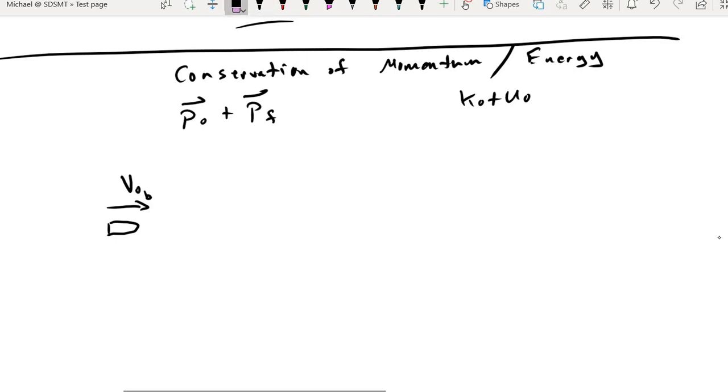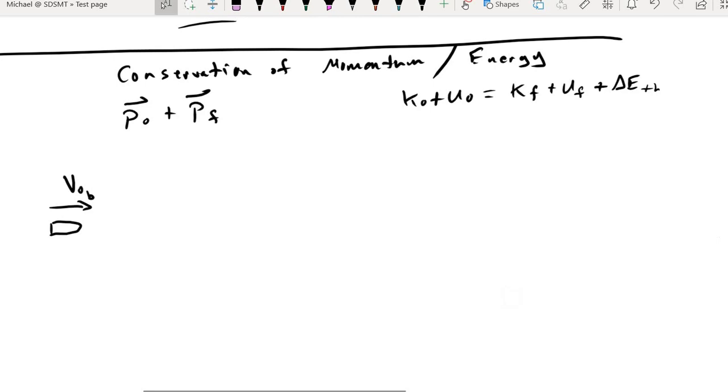And we are going to use the updated version of conservation of energy, because when you're firing a firearm, whatever that bullet strikes is probably going to generate quite a bit of heat. So we're not going to be able to assume that this is an elastic collision.